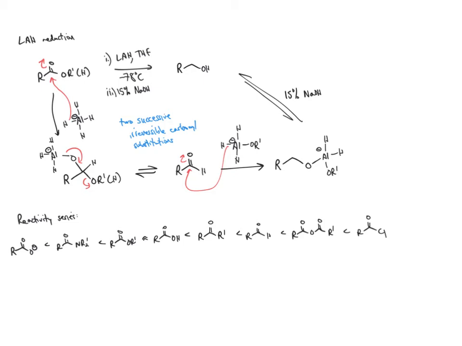Okay, so now let's go back to the original question, right? So pathway B is to start with the carboxylic acid, and the first thing we do is we undergo a Fischer esterification to give us the methyl ester.